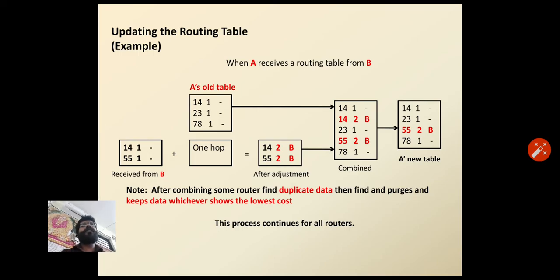What happens when it receives? The information from B means B has some routing table entries, 14.1 and 15.1. When we update, if a message is received, then we add one hop to that message.